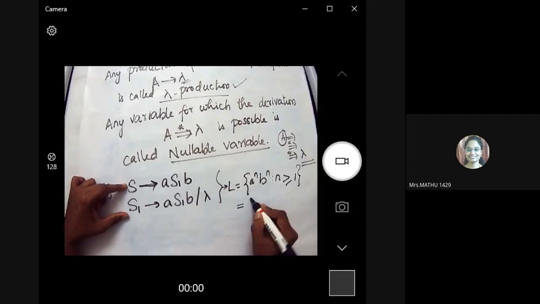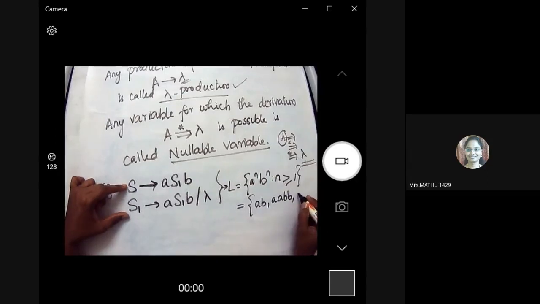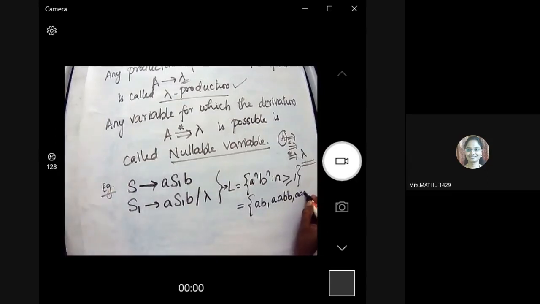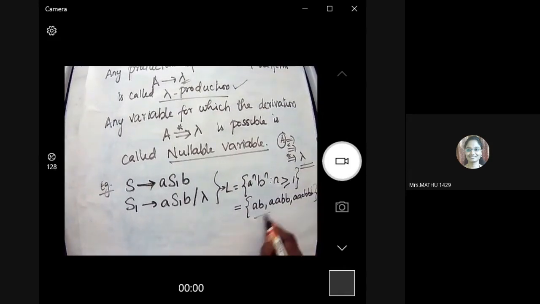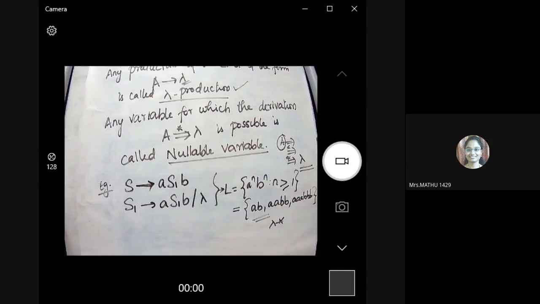If you look into this language, it generates strings like AB, AABB, and so on. There is no lambda in this language. But still, if you see the grammar, we have a lambda included in the production.